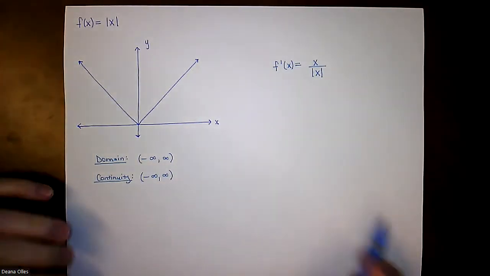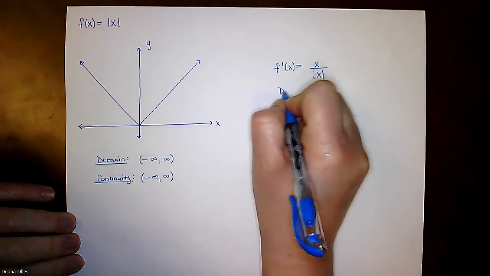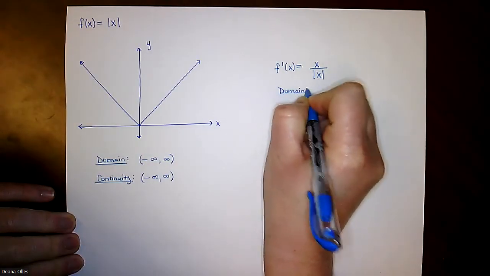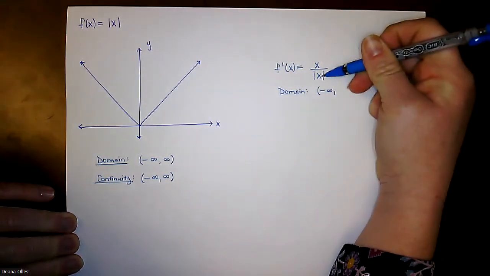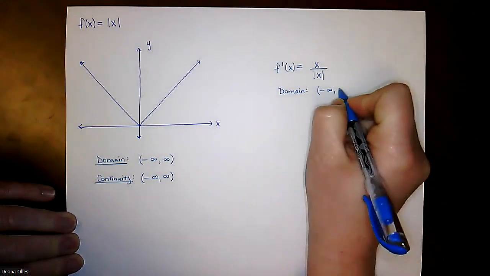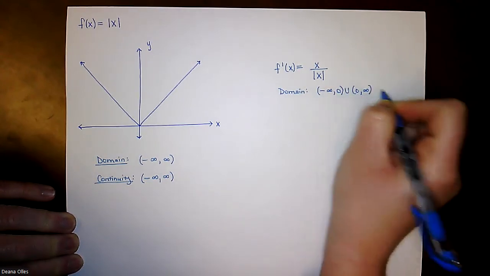So as I look at the derivative here, it's x over the absolute value of x. I know that the domain of this thing is all real numbers except for, I can't divide by 0. So the domain here is all real numbers except for 0.